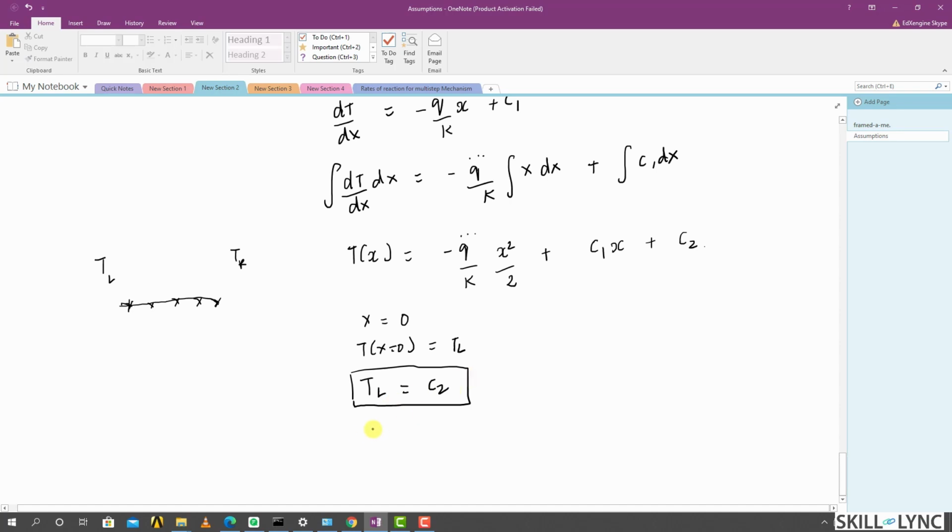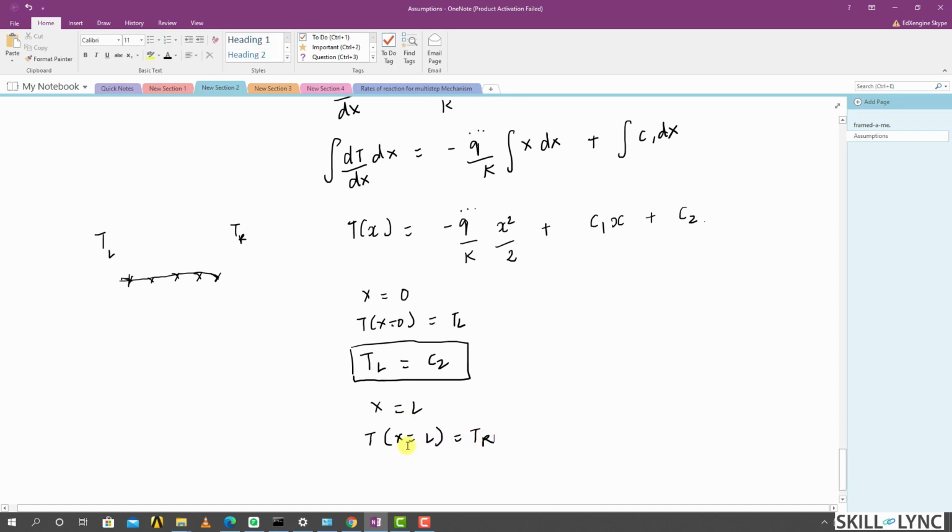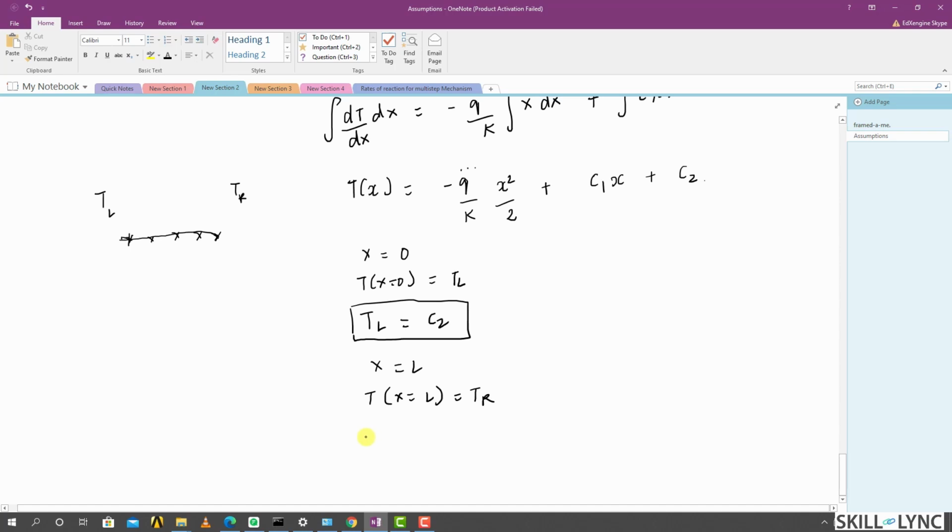Now we also know that at x equal to L, the temperature is going to be TR. So if we substitute this, we basically get TR is equal to minus q triple dot by K times L square by 2 plus C1 times L plus C2, which we know is TL.